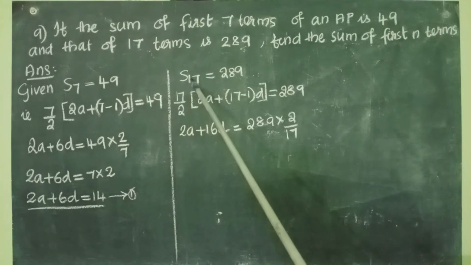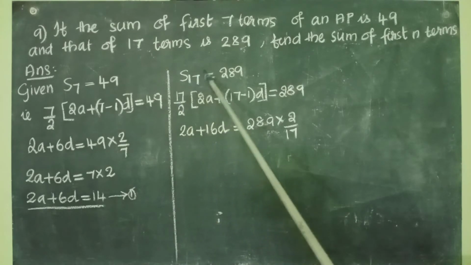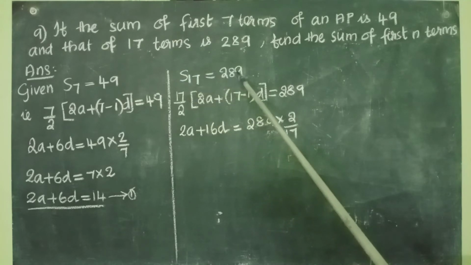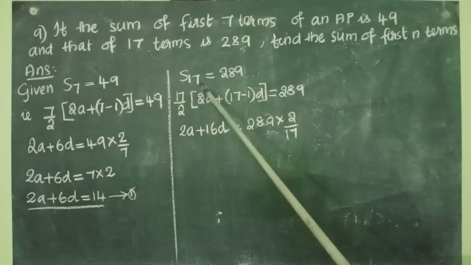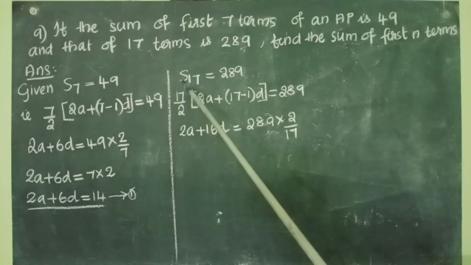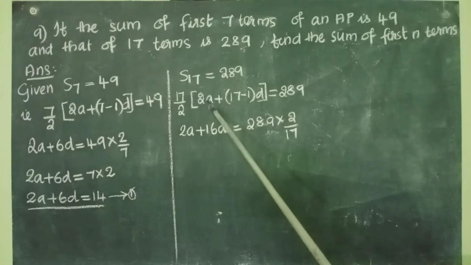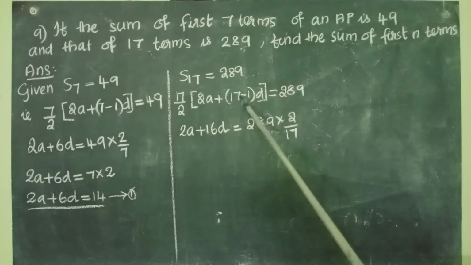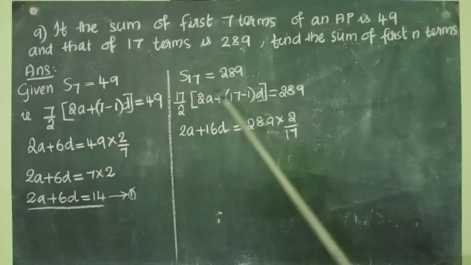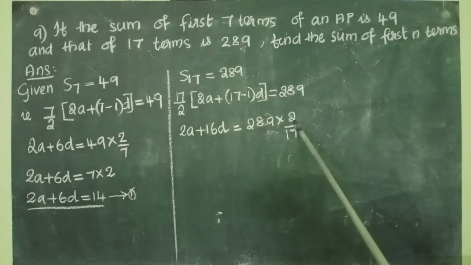Next it is given sum of 17 terms is 289. So S17 equal to 289. Here n equal to 17. So that we can give in the equation. We get 17 by 2 into 2a plus 17 minus 1 into d equal to 289. This 17 by 2 we can take to right side.